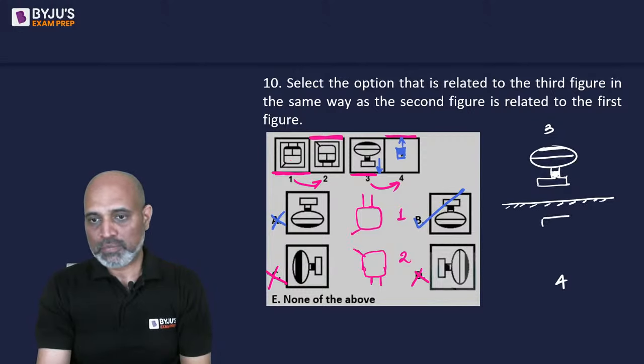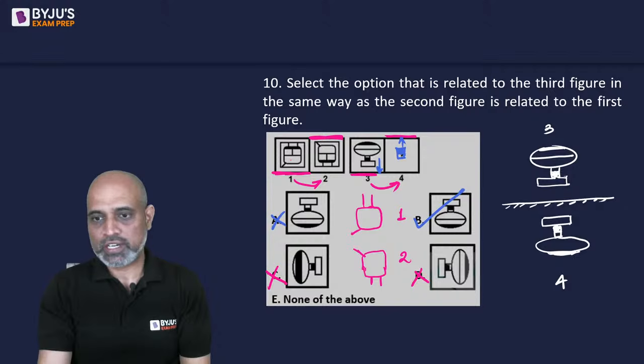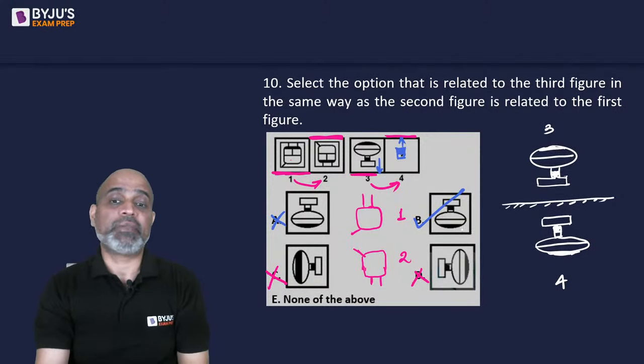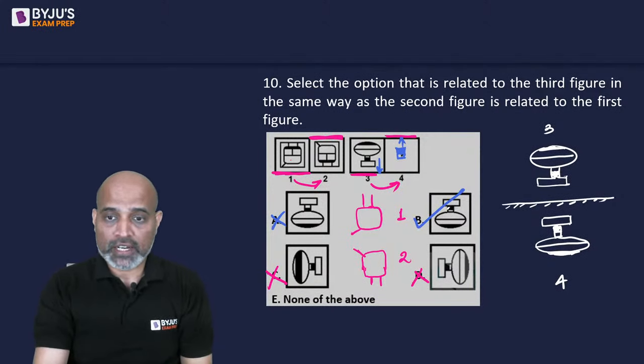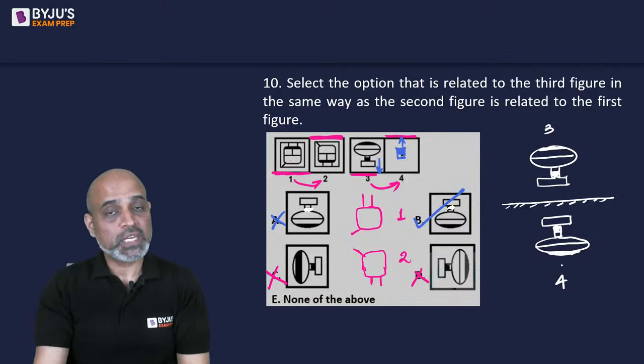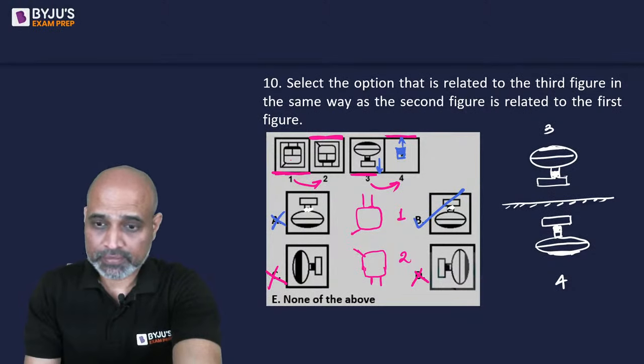If you're going to draw the mirror image, you are going to have this part, then the bar part shaded will be closer, and then you will have an ellipse. Now that ellipse is going to have the shaded portion here at the bottom because you have the shaded portion at the top, and then you will have a line like this. Between A and B, the shaded portion is at the top here, here the shaded portion is at the bottom. So obviously B is going to be the answer. Right, Pritam?